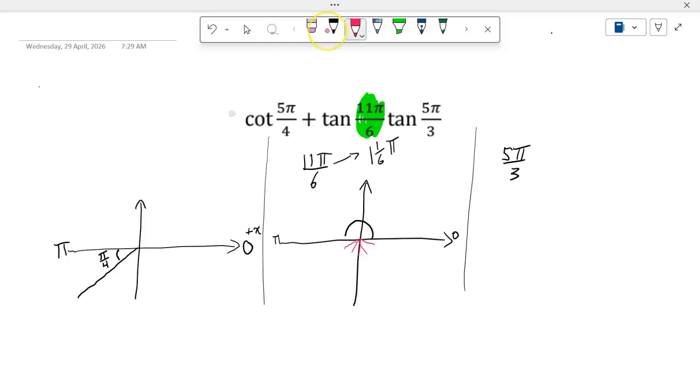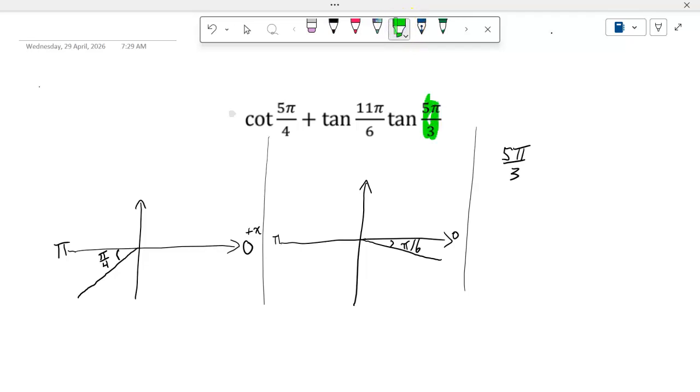Sorry, no, this is 5/6, so 1 and 5/6. I'm going to go all the way over here. So this angle here is 11 pi over 6, or 1 and 5/6 pi, which means we're looking at this acute angle of pi over 6.